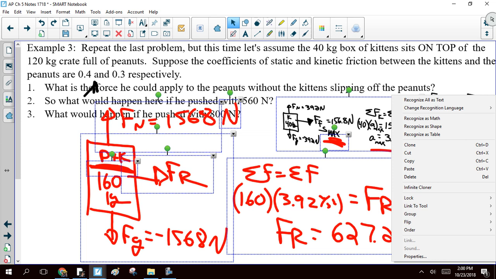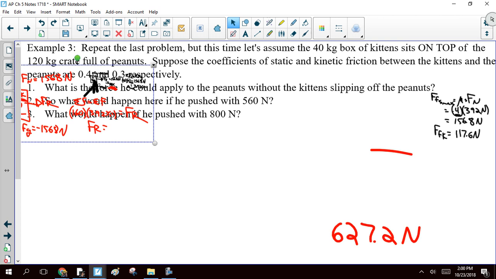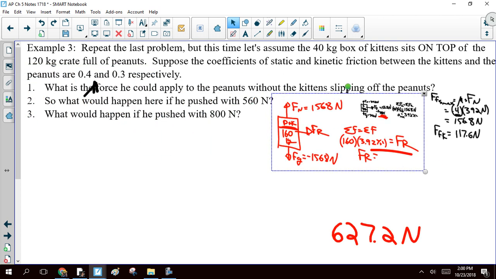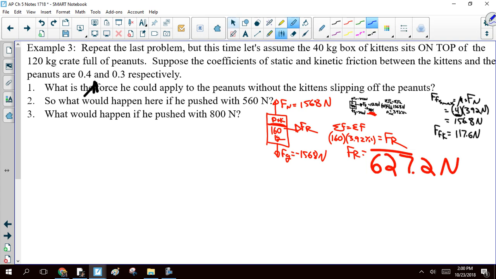Darn it. All right. Well, whatever. We're going to shrink our drawings more. Okay. So that was Roy's force. Now let's look at it from the kittens.